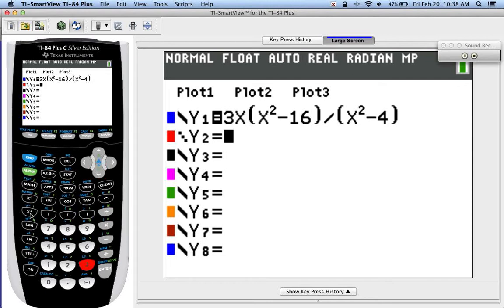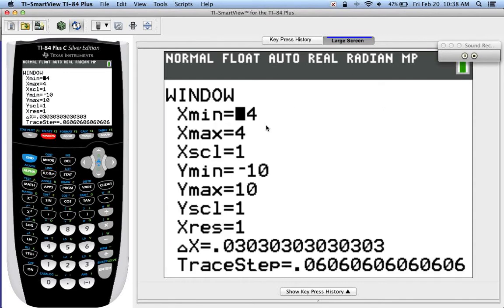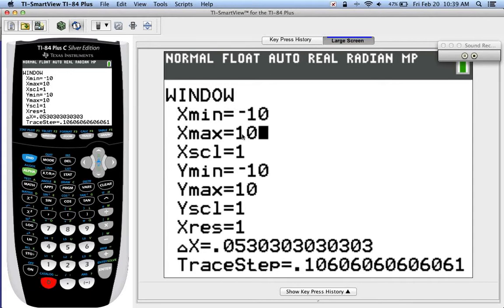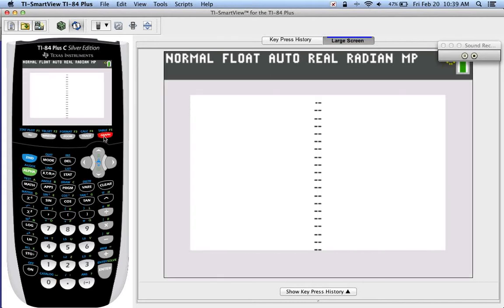And then we had 3x as our slant asymptote, so I'm going to have that as dotted lines. Now my window, we'll go from -10 to 10 here. And we'll graph it like that.